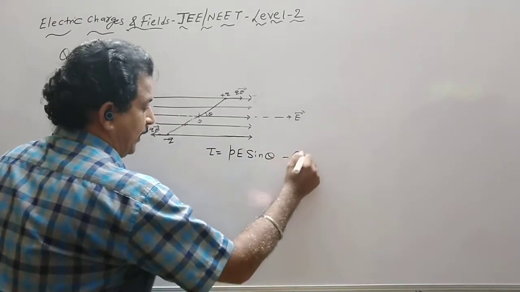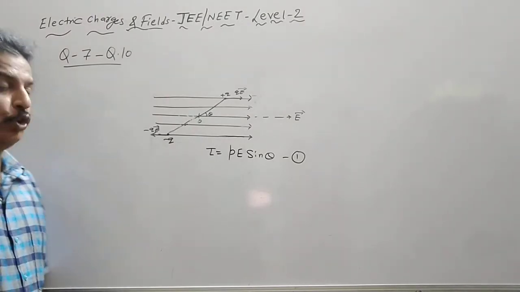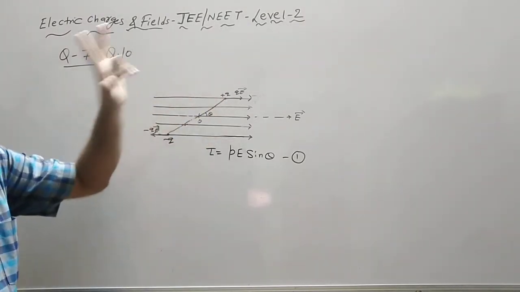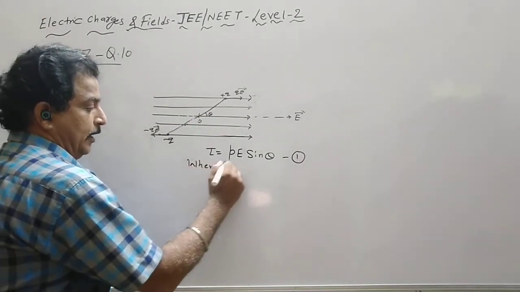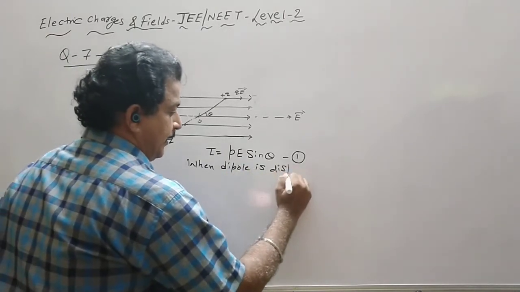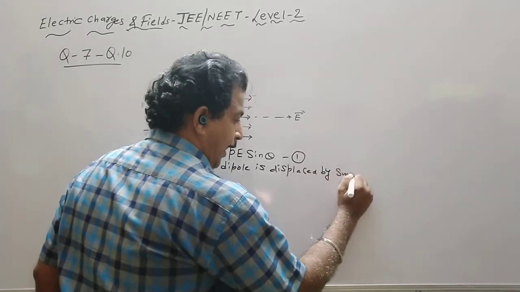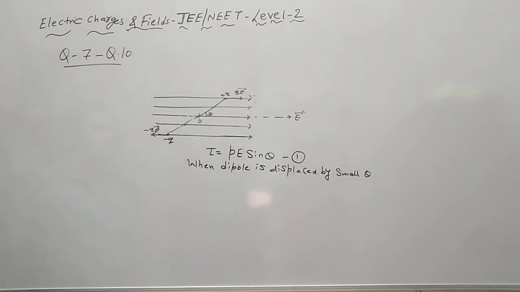Now suppose I displace it by an angle theta. So when the dipole is displaced by a small angle theta, what will happen?